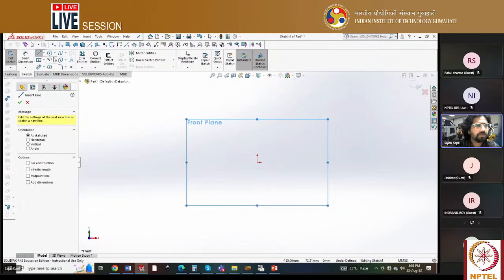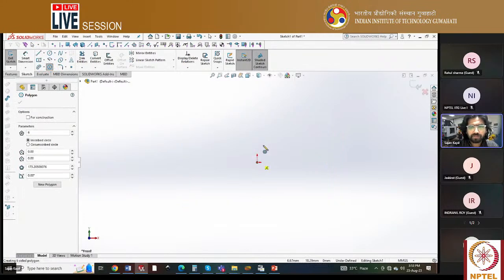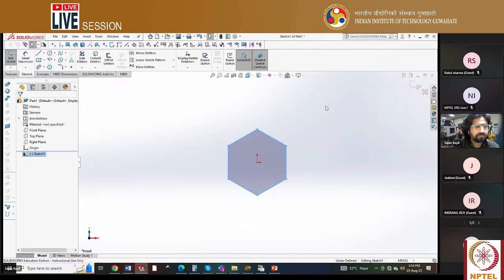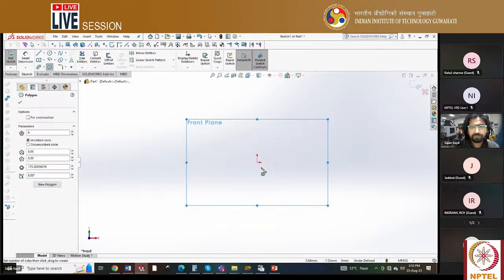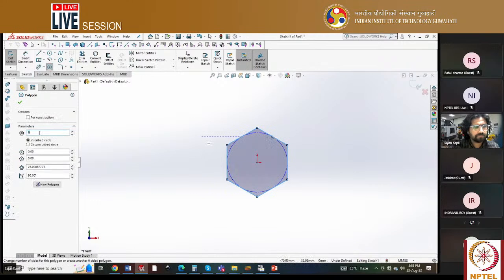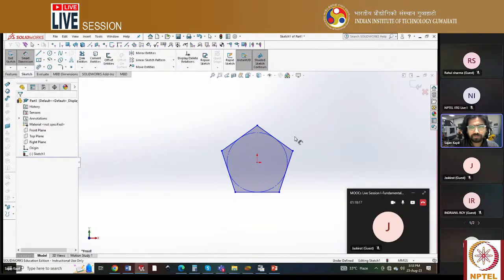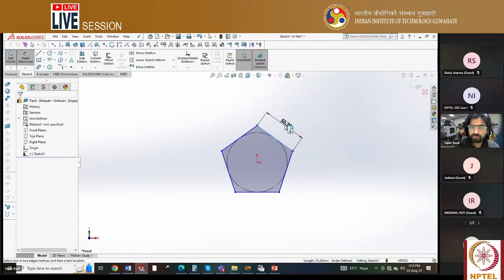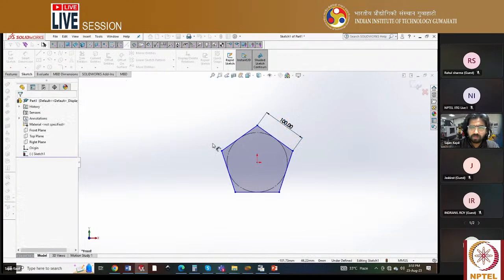Okay, so let me take a pentagon directly from here. This is the polygon, and I'm going to have the center here. And I have 5 sides. This is okay, and we will have some dimensions also. Fine.